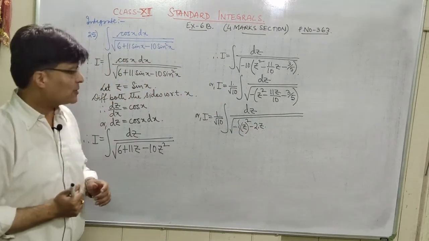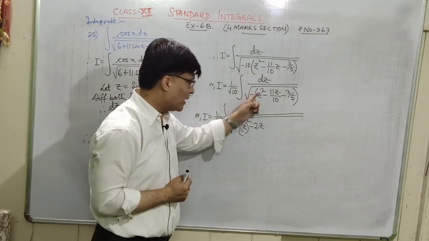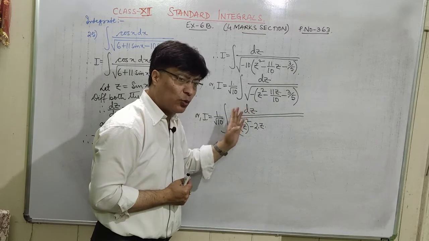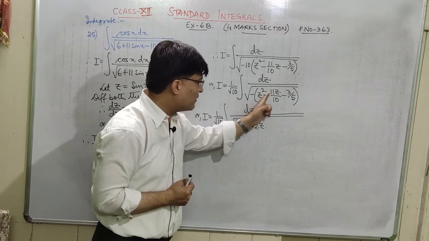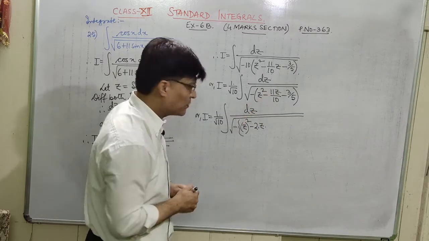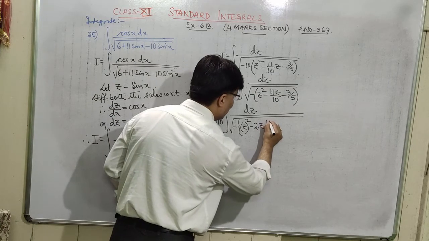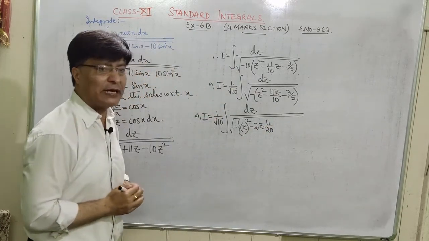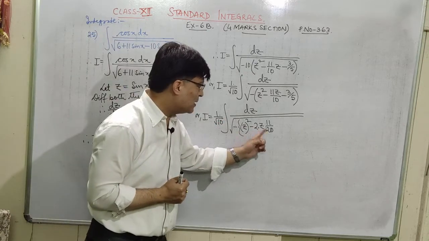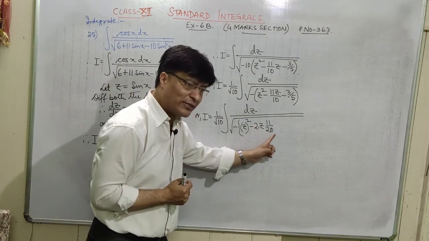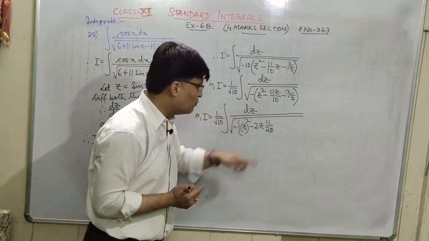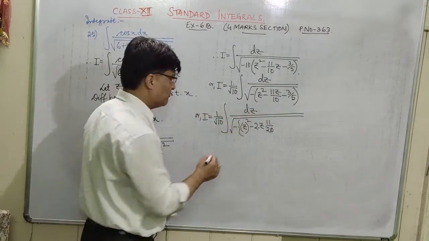Now in this case, we have z whole square, that is correct, and minus 2a means 2z. What should be the value for b so that we can have 11z by 10? It will be 11 by 20. If 2z is multiplied by 11 by 20, then 2 1s are 2, 2 10s are 20. That means you will get 11z by 10. That is correct. So the value for b should be 11 by 20.